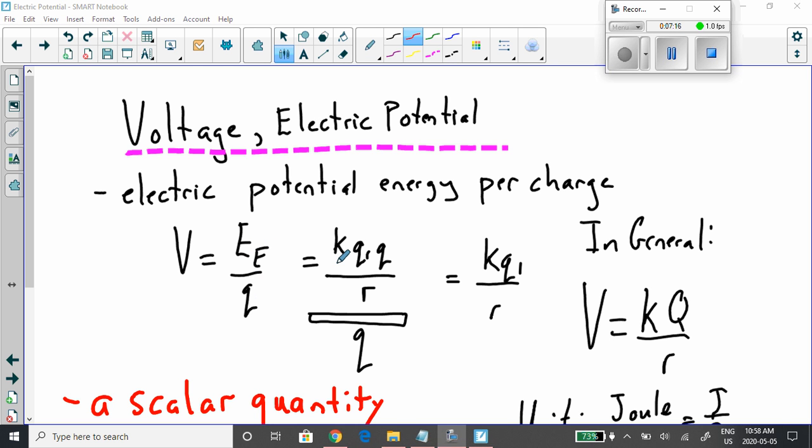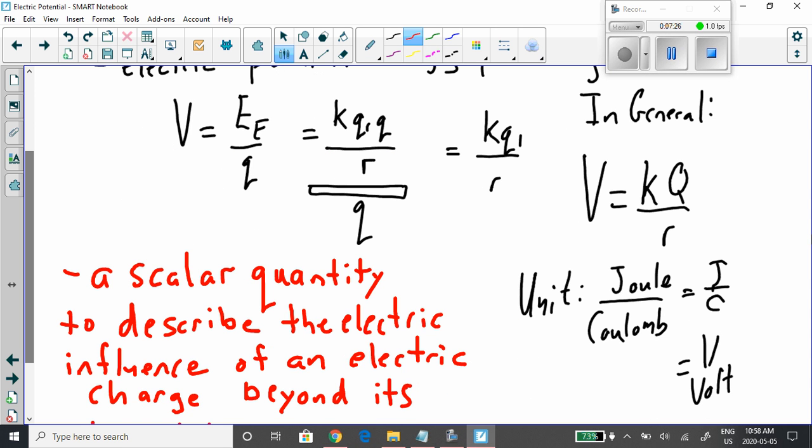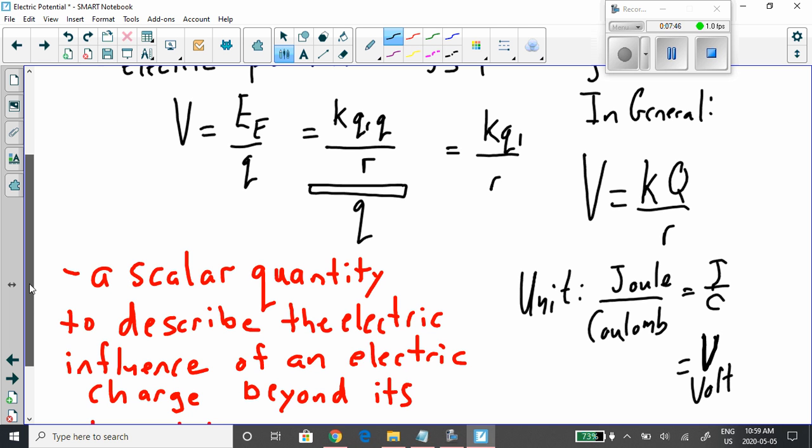So it would be equal to KQ1 Q overall, and then you divide the whole thing by Q, and you get KQ1 over R. So in general, voltage or electric potential, here's a new equation, is KQ over R. The unit is a joule per coulomb, which is also known as the volt, which we talked about a little bit in grade 11.